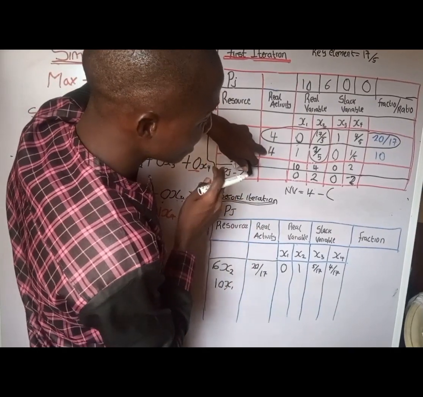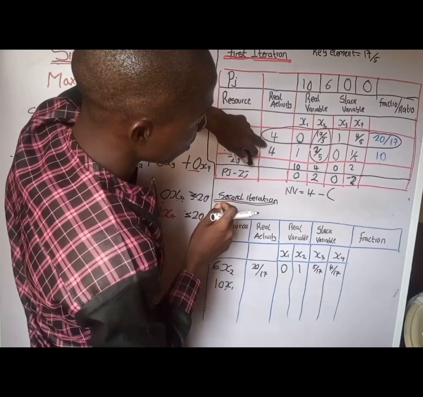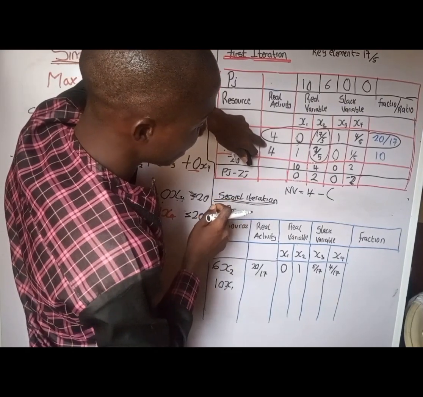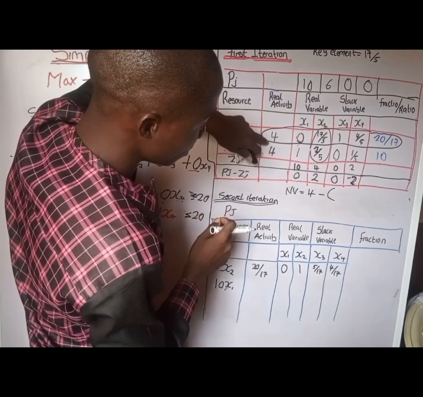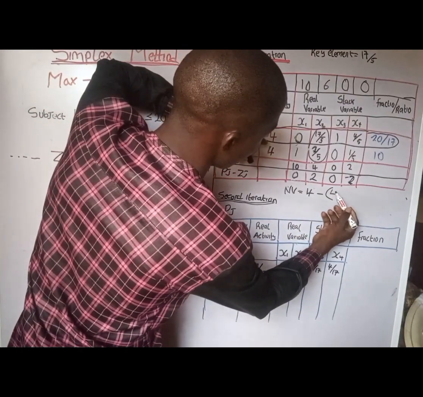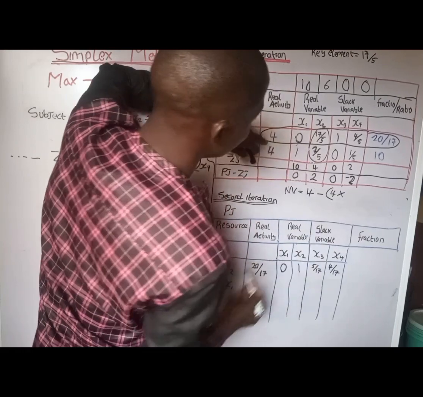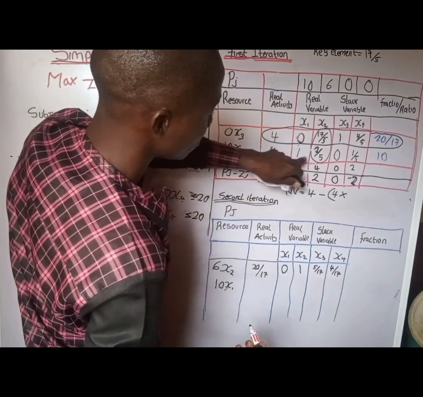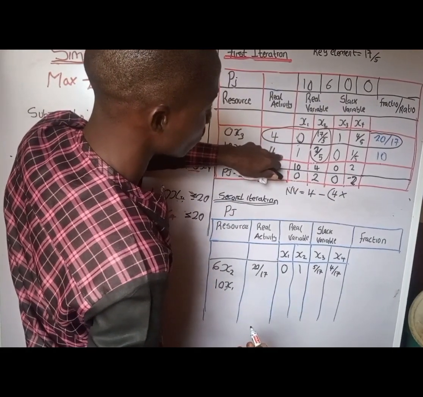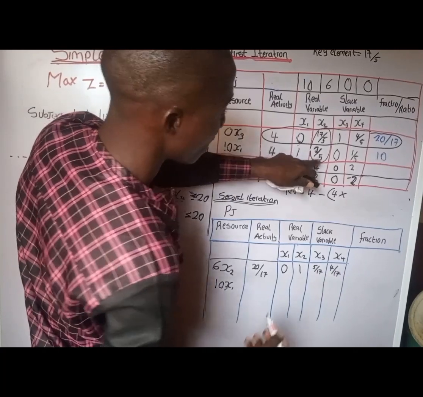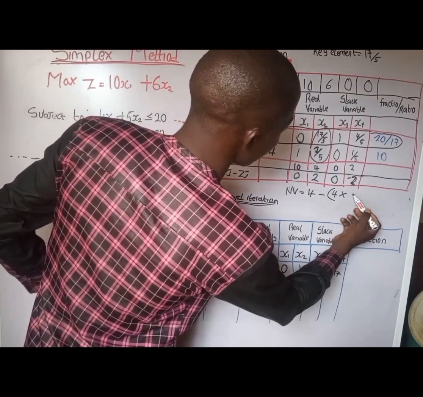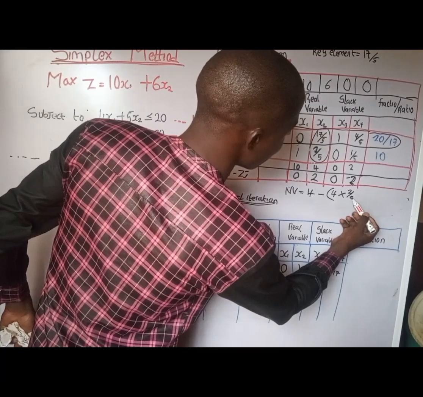That is the element that falls under the key row that corresponds to 4. When I trace it, it is this 4. So I'm going to be having 4 minus 4, old value minus the key row element, multiplied by the corresponding key column element. What is the key column element that corresponds to this value? 2 over 5. Yes, it is 2 over 5. So I'm going to be having multiplied by 2 all over 5.